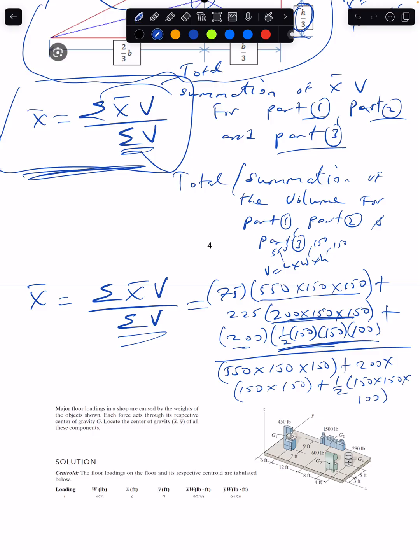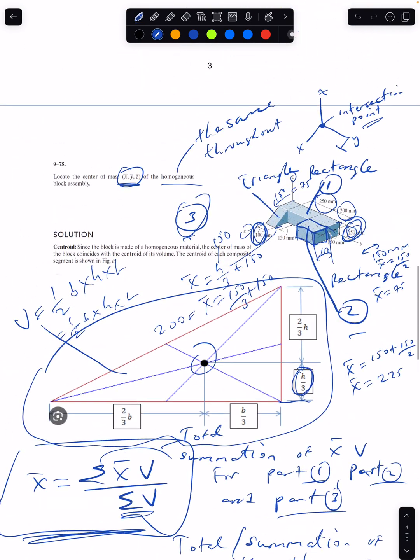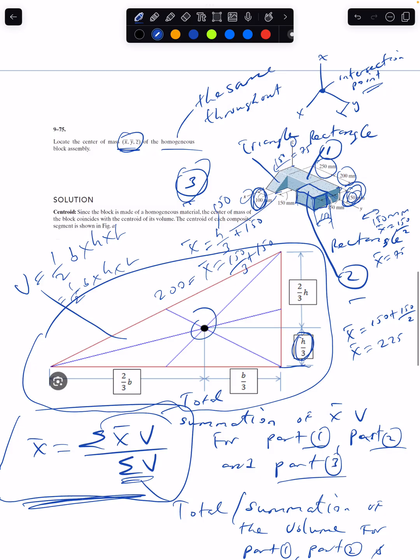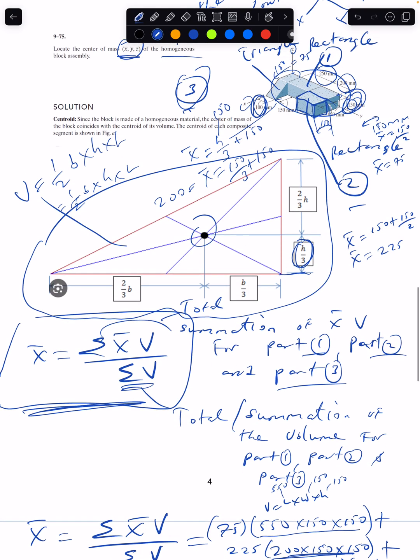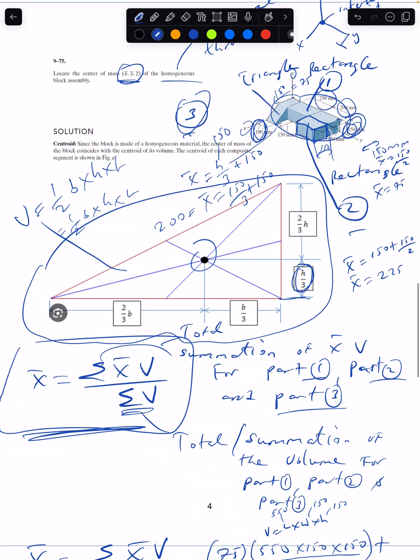And therefore, I have my X bar. If I simplify this expression, my X bar will become what? 120 millimeter. That is the distance along the X axis for this body.